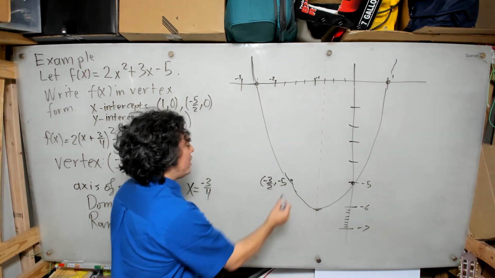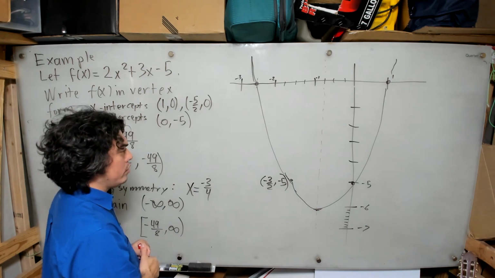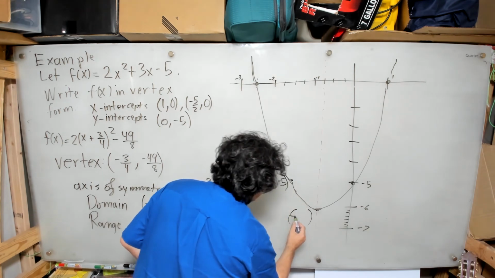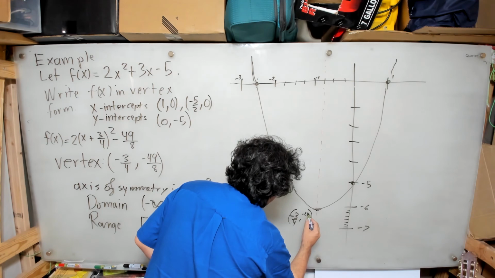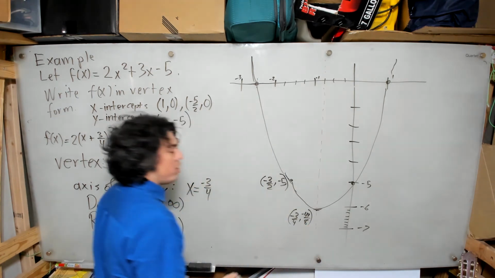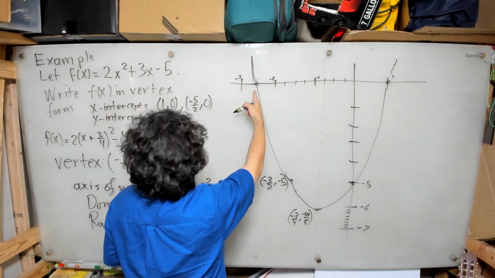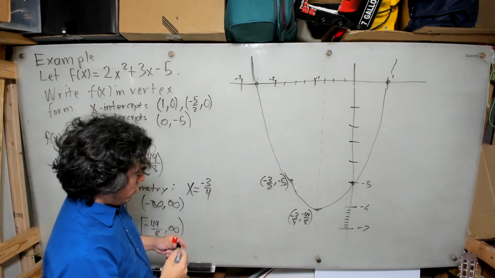I claim that point is on this parabola. This, of course, is my vertex, which is the 3/4, comma, -49/8, or in other words, -6 1/8.